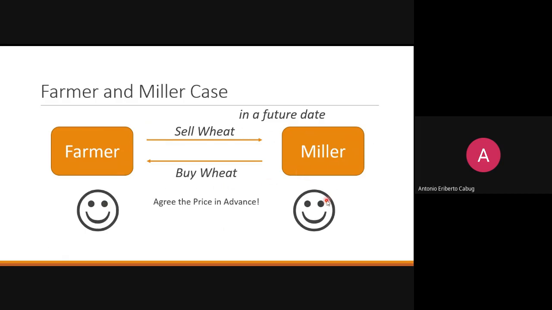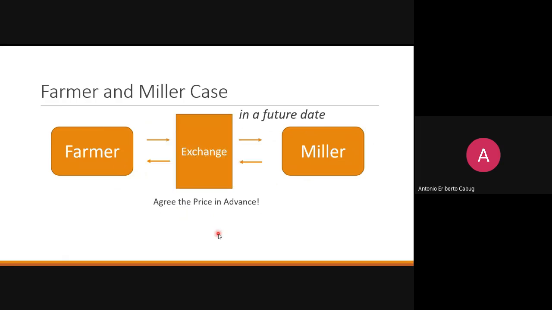So that both of them will be worry free, they can agree the price in advance. Forwards were born. These are situations of natural hedges. Both parties can eliminate or remove the risk completely by agreeing in advance.